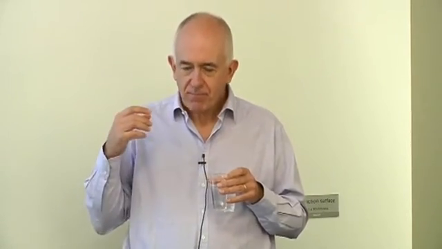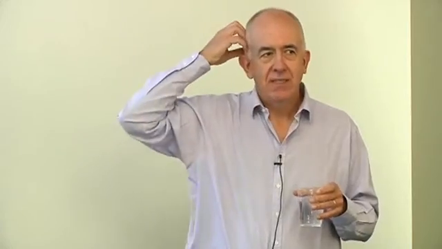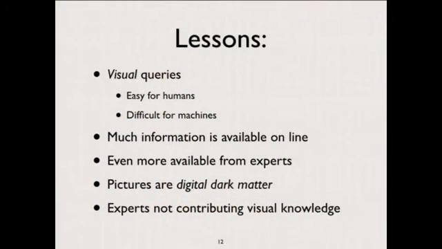And so we are not doing a good job, not only at serving visual queries, but also in allowing experts who are the depositories of this information to take it out of their brain and put it out in a computer-friendly way so that we can share it and deal with it, organize it, and search it.